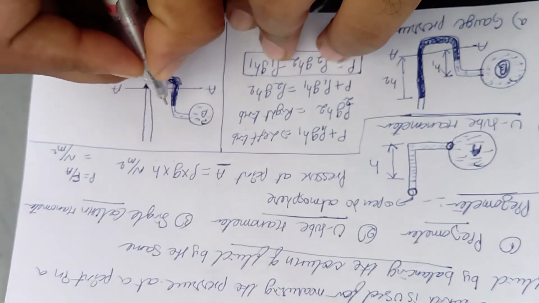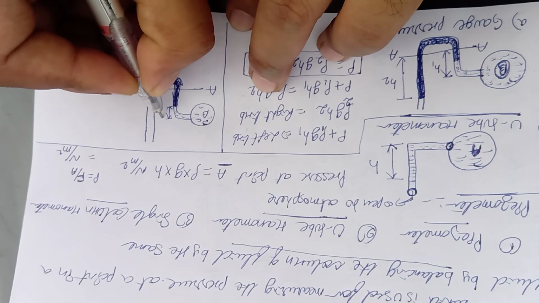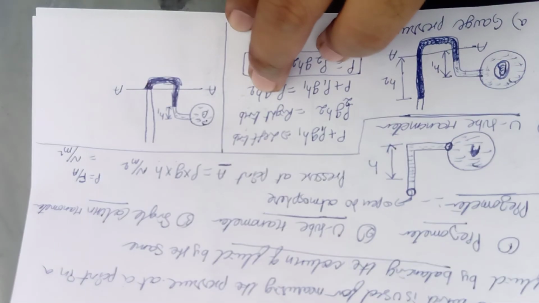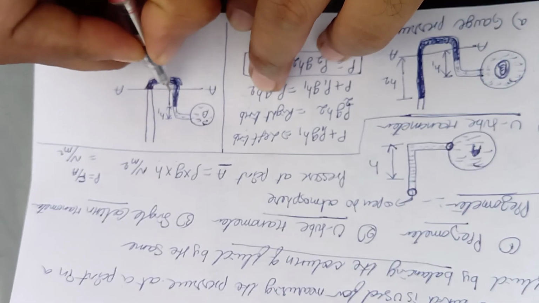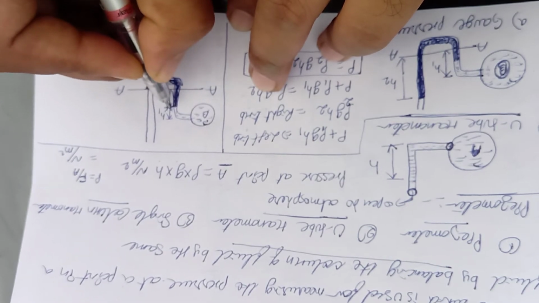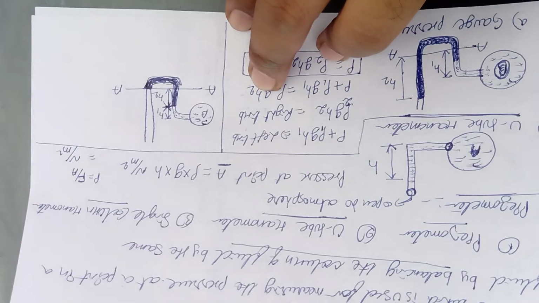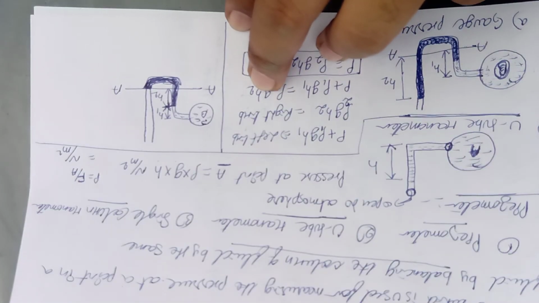This is the rise of water, that is H1, and this is the rise or fall of the liquid whose density is greater than this one, so this is my H2. Any doubt?